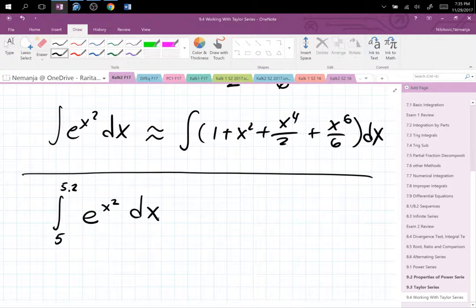Now we have a. And what's a? 5. Common sense. 5. So now, everything we did in the previous problem doesn't fly anymore, right? Because your expansion now has to have x minus a.